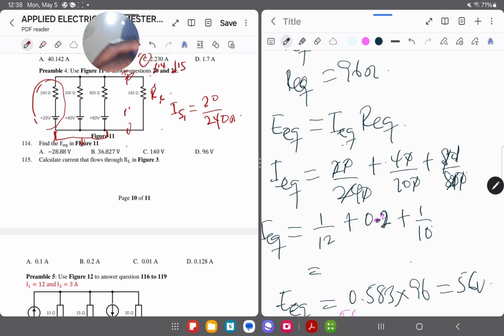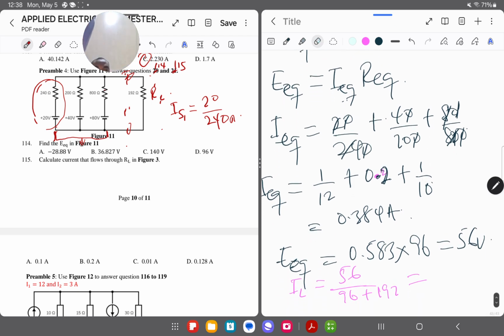So now if I take 1 over 12 plus 0.2 plus 0.1, that is going to give me the current to be 0.384 amps. So that will now be multiplied by 96, and I get 36.82.